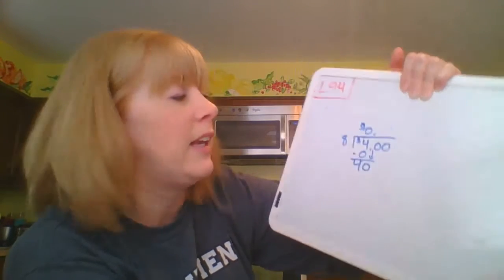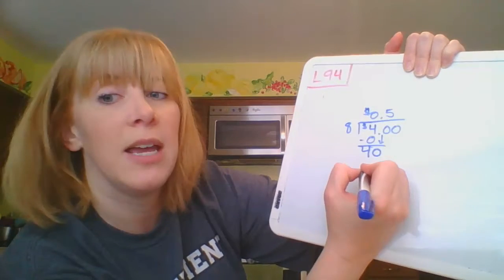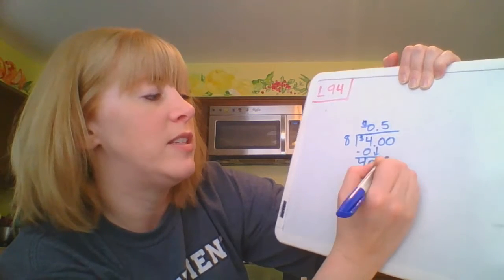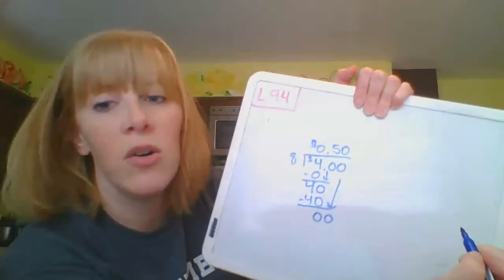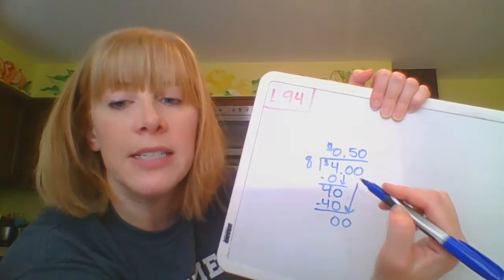That can go in perfectly even. So 40 divided by 8 is 5. 5 times 8 is 40. 40 minus itself is 0. If I bring down the 0, I know that 0 divided by 8 is still going to be 0. So each bagel cost her 50 cents.